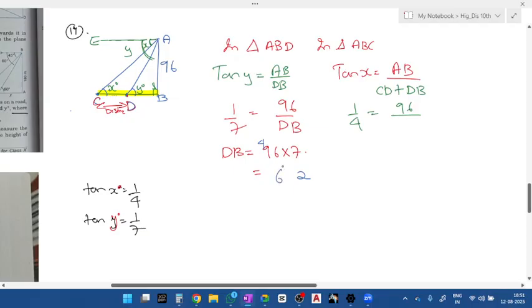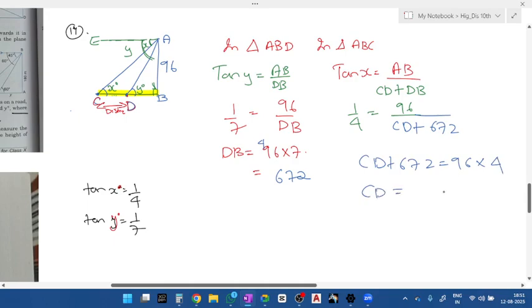What's the answer you got? DB is equal to? So CD plus 672. Cross multiply. CD plus 672 is equal to 96 into 4.